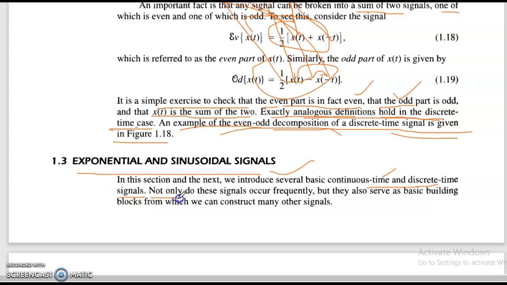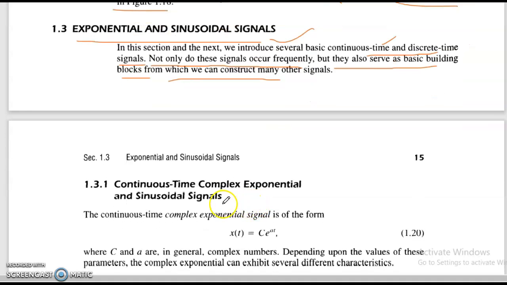Not only do these signals occur frequently, but they also serve as basic building blocks from which we can construct many other signals.